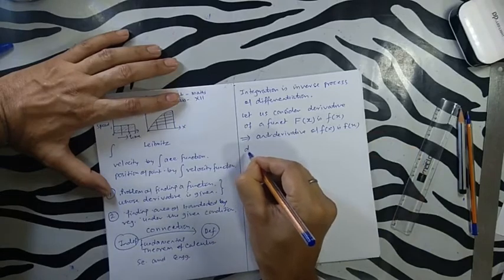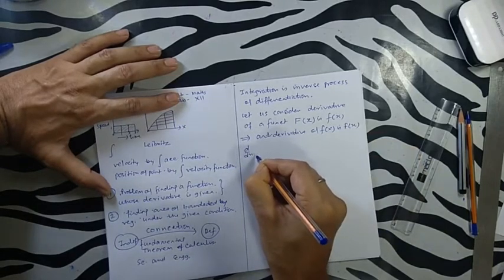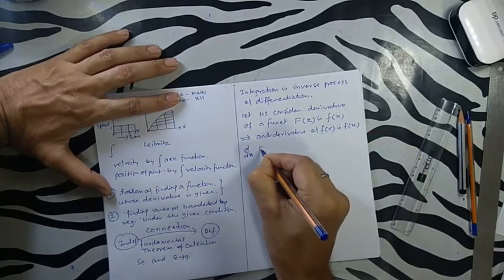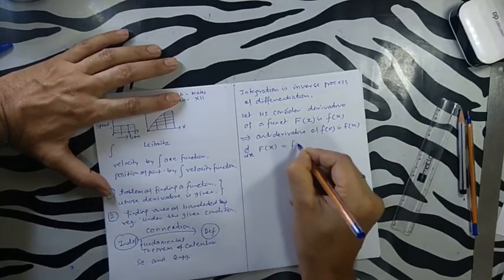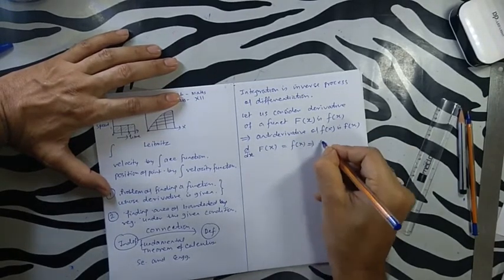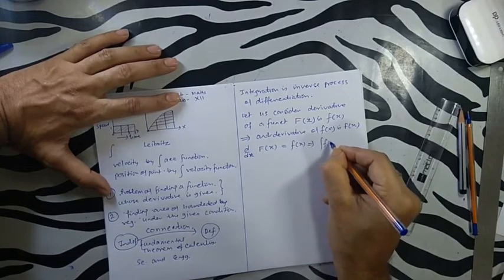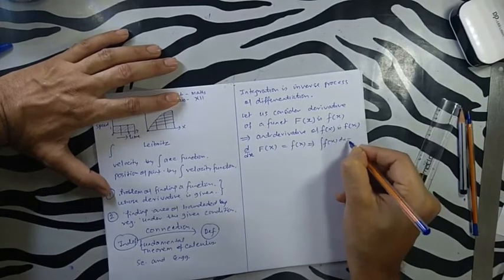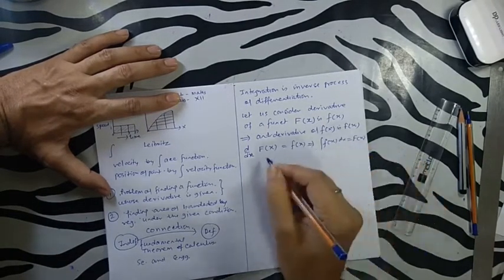So we can write d by dx of F(x) is equal to small f(x). It implies that the integration of f(x) dx is equal to capital F(x).